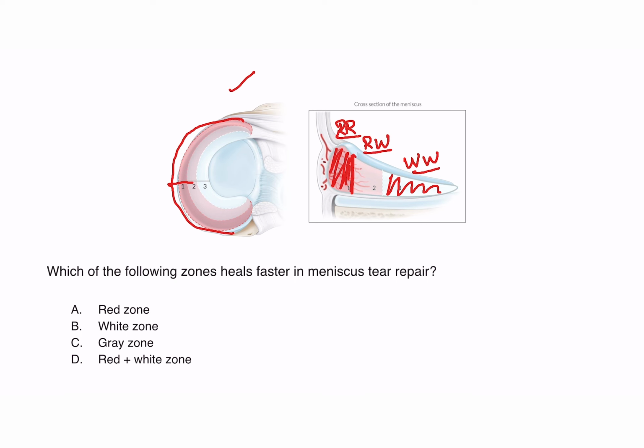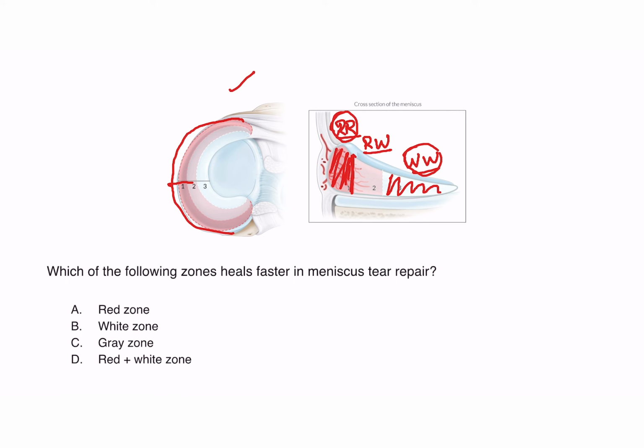If it is a peripheral tear and you are trying to do a suture repair, because of the vascular anatomy and the vascular supply, there is a high possibility for a red zone injury to heal compared to a white zone, because it is already not having any vessel, and even if you suture, there is no growth factor coming into the repair, and the possibility of it healing is uncommon.